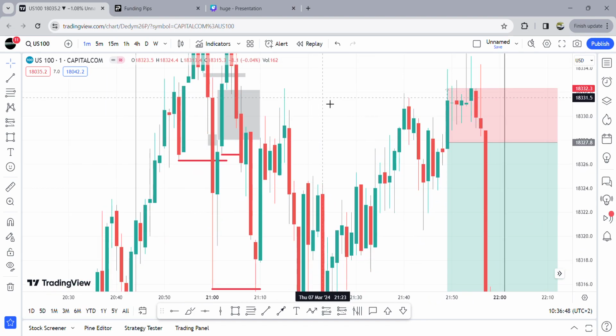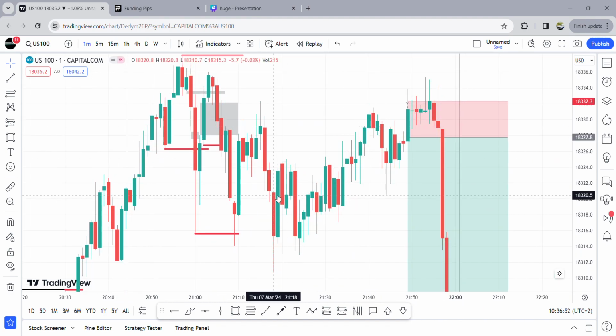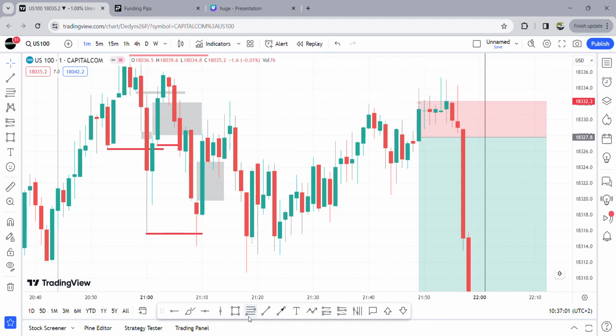And now this is the entry that I'll be looking for. I'll be looking for a fair value gap up, so a busy green fair value gap, with a swing low that stops inside the fair value gap. That swing low to me is now important. I'm taking that swing low and extending it out. Can make this one black.